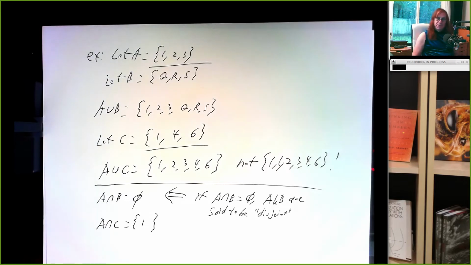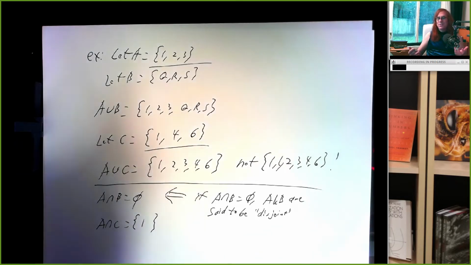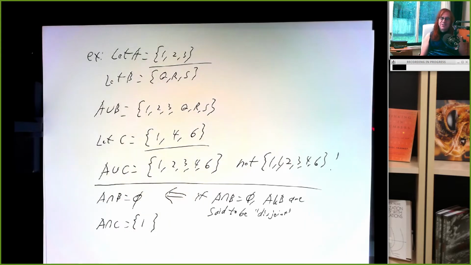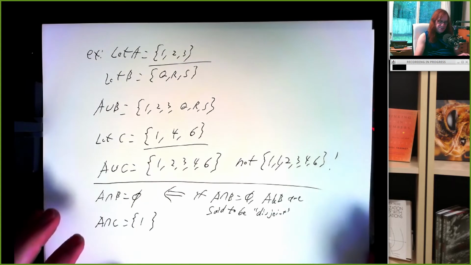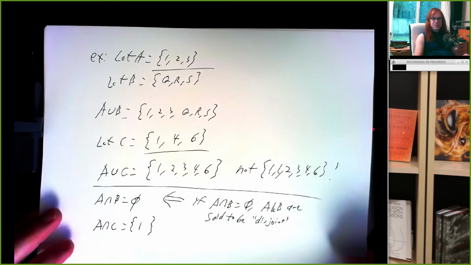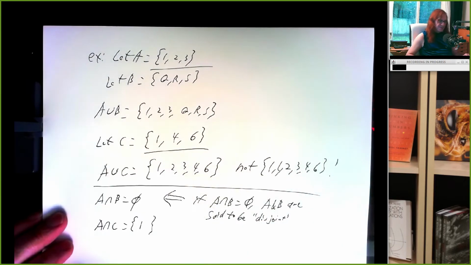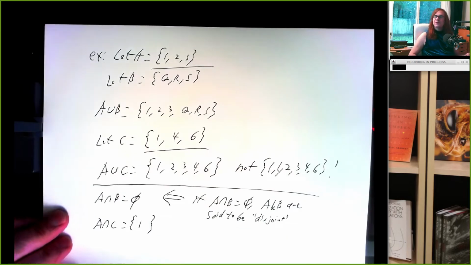If they don't have any overlap, then the intersection would be the empty set, yeah. It's a little imprecise to say they don't have an intersection, because we can always take the intersection of two sets, but sometimes it gives us an empty set. It has no elements in it. So if there's nothing in common between them, then their intersection is the empty set, and then we call them disjoint.